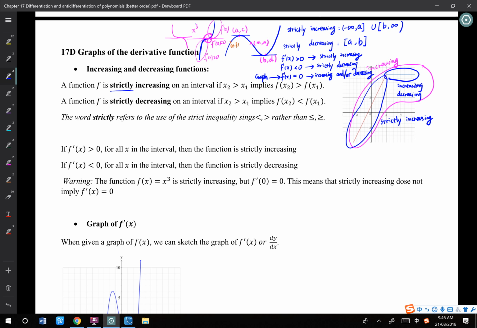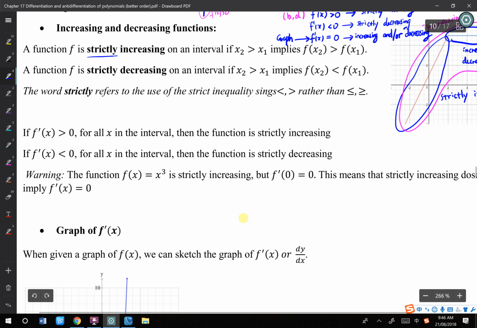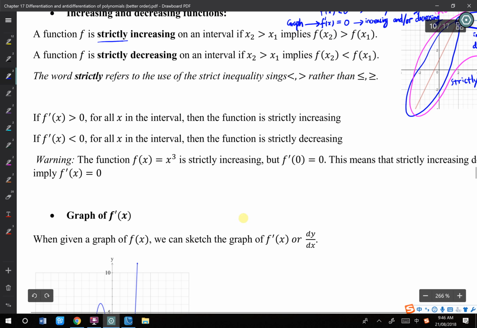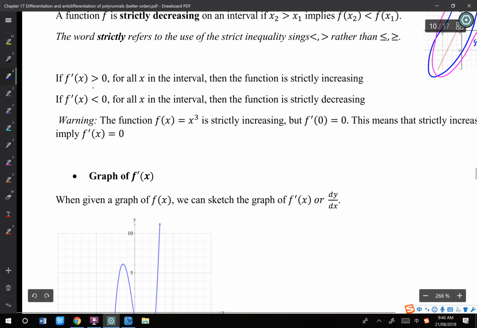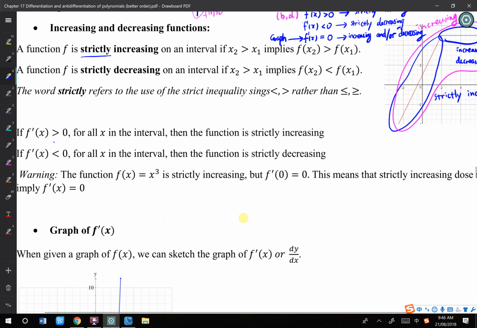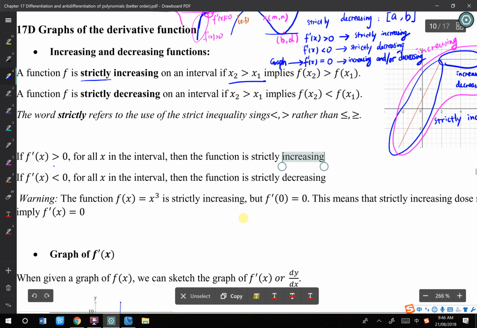It says here that the strictly, yeah, so that's not wrong. That means for strictly increasing, when x2 greater than x1, this sign must be strictly greater. It can't be greater than or equals to. Increasing can be greater than or equals to, which means it's not decreasing.